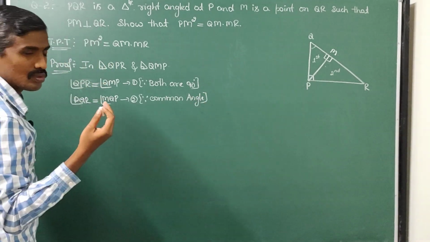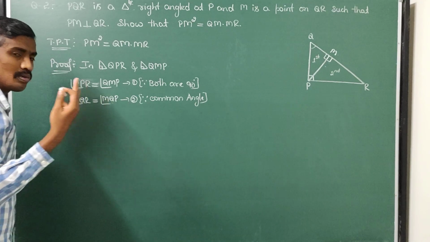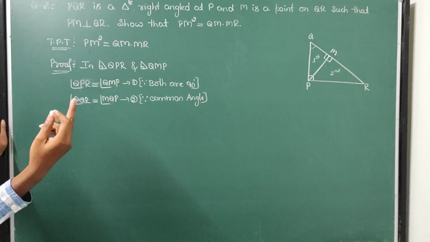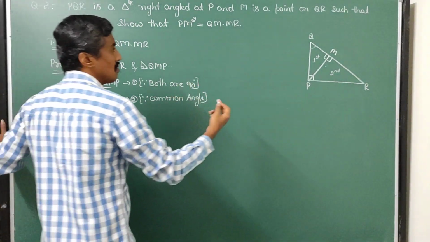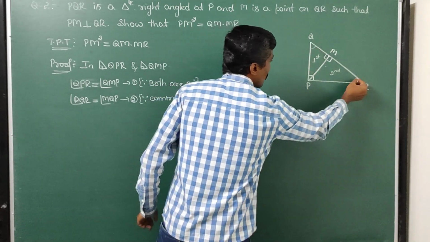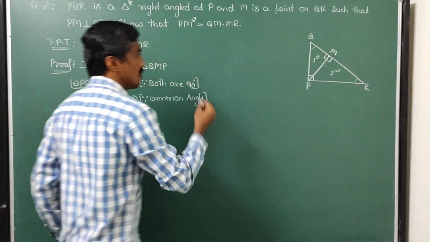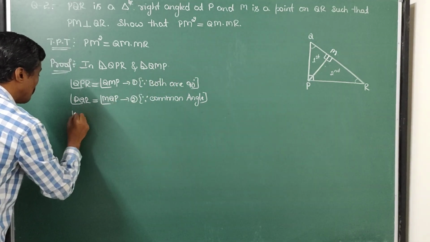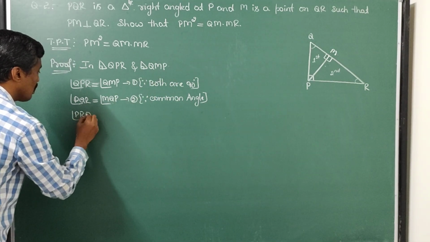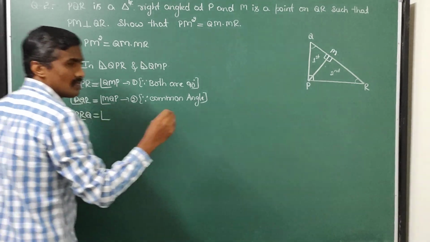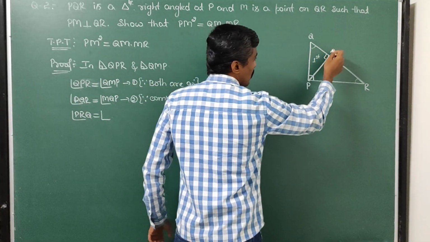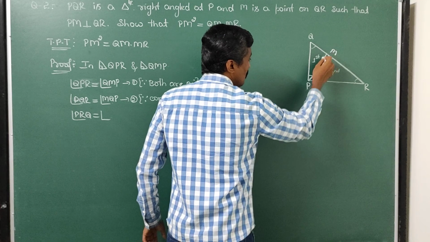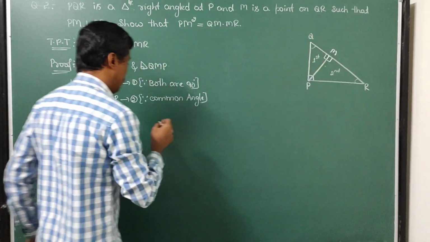Next, we have already proved two angles are equal, and only one more angle is left. That is, in the original triangle, angle R. Let me write from P, 90 degrees, angle PRQ is equal to, once again starting with the right angle in the smaller part, MPQ.